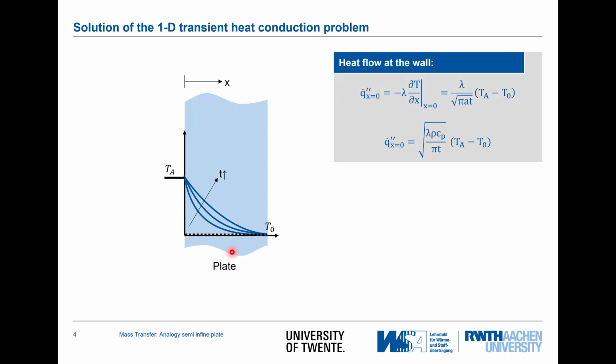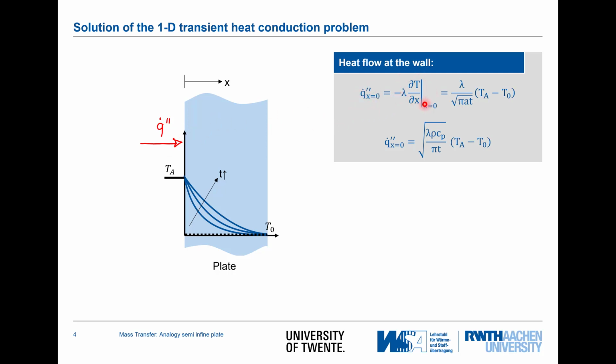Now let's do some heat flow estimation, because typically we are not so much interested in the temperature profile inside an object. However, we are interested in how much heat is going into the object, how much does it take in. So q dot double prime at x equals 0 means at the left-hand surface.